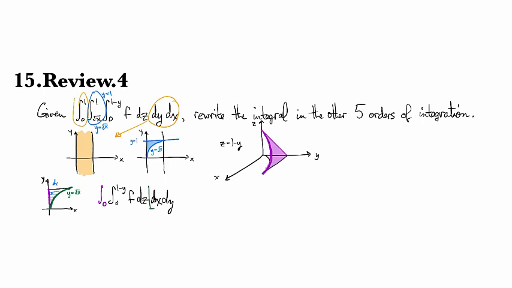But since we're doing the x integral, we want it in the form x equals, so this is x equals y squared. And then y goes from 0 to 1. Okay, so there's one rewrite of the integral.